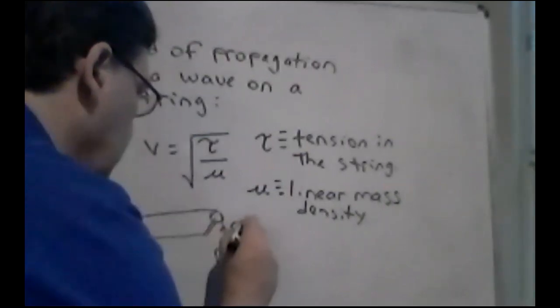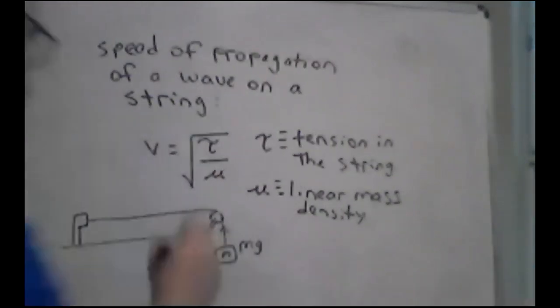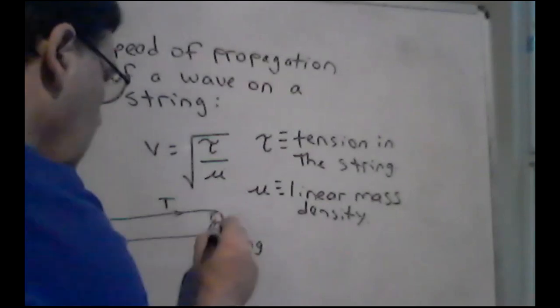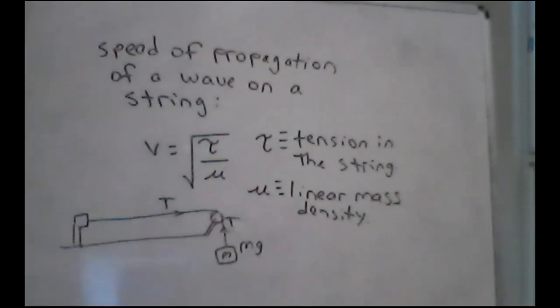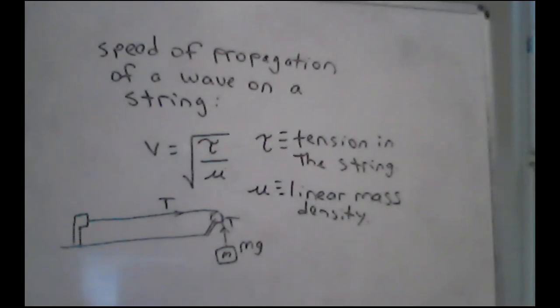We can assume a massless frictionless pulley, so there's a tension and a tension. Tension is going to be equal to mg if it's sitting still. So I can figure out the tension in this experiment, and I can figure out the mass density, and that's going to give me the speed of propagation of that wave.